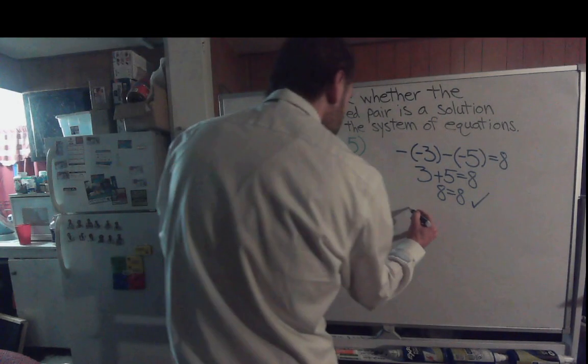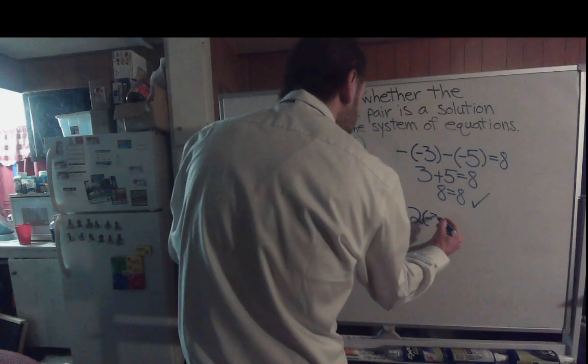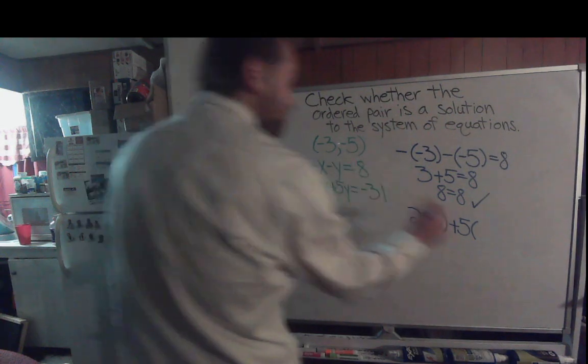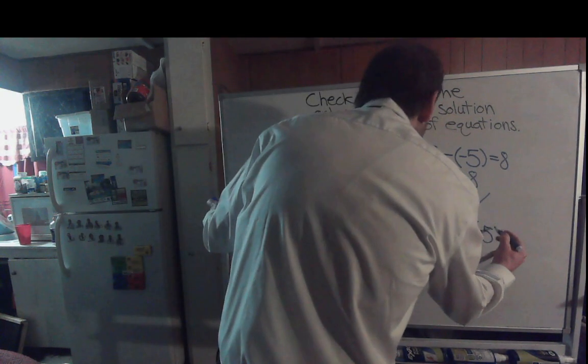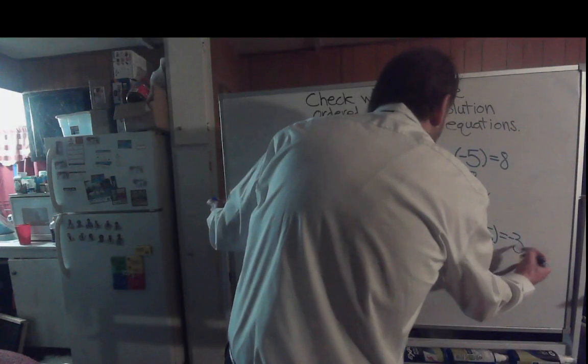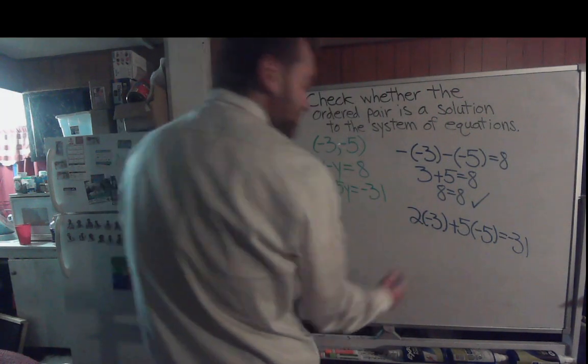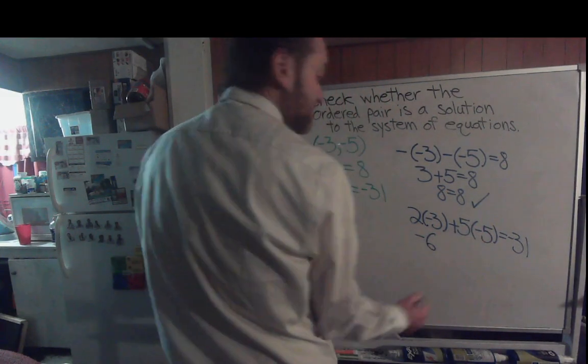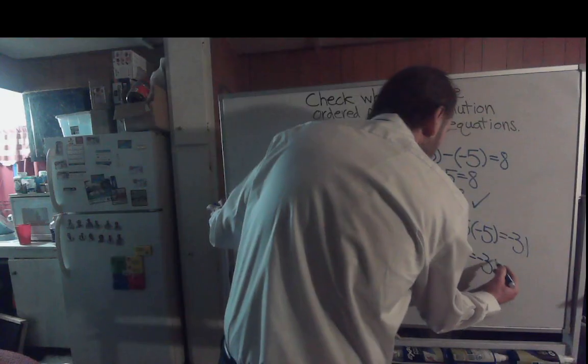So take 2 times your x value of negative 3 plus 5 times your y value of negative 5. Set that equal to negative 31. 2 times negative 3 is negative 6. 5 times negative 5, that's negative 25. So you have negative 6 minus 25 equal to negative 31.